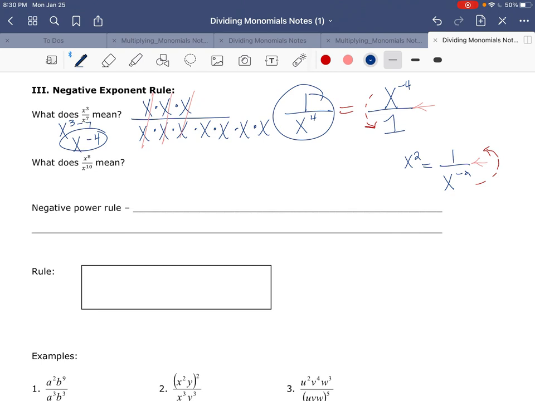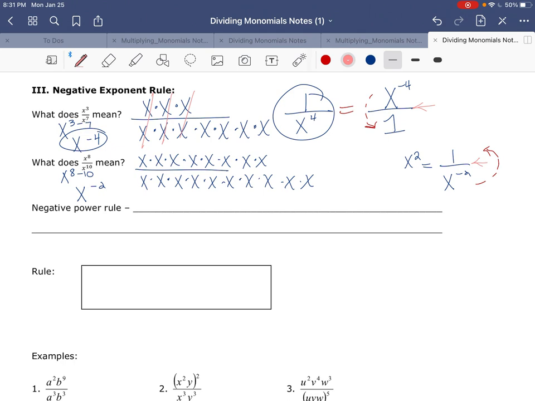So then looking at x to the 8th over x to the 10th, if we subtracted, that would be x to the 8th minus 10, or x to the negative 2. But again, I can't have that. So if we look at our expanded form, so many x's, and I simplify.